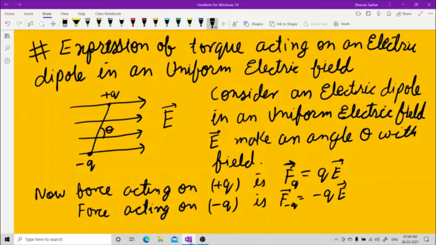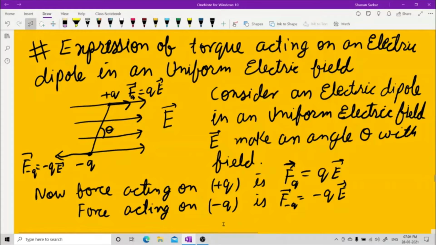If I draw in the figure, the force in this direction is qE, and on this it is minus qE vector.